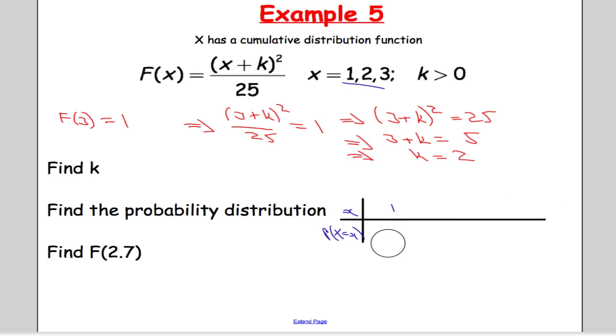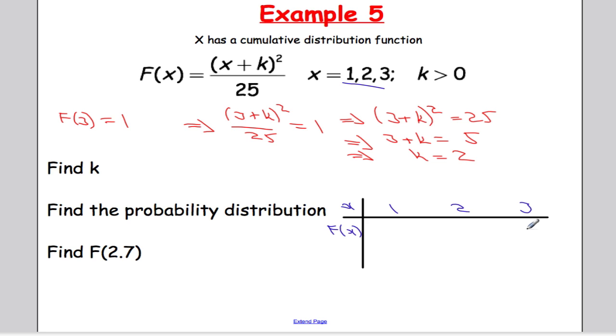Let's do the cumulative distribution table first. Let's start with the cumulative distribution table. So we start with x and f of x. 1, 2, and 3. I know the last value must equal 1.